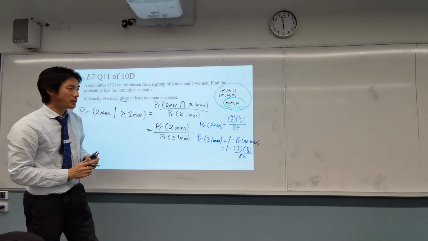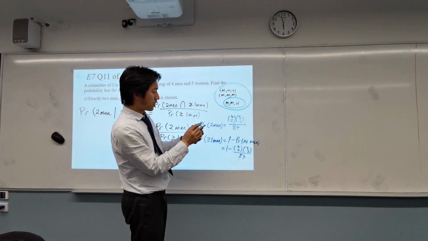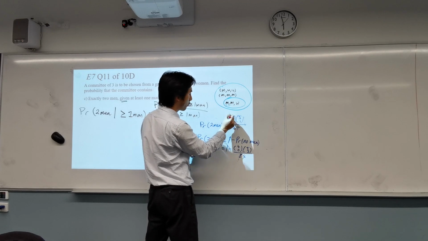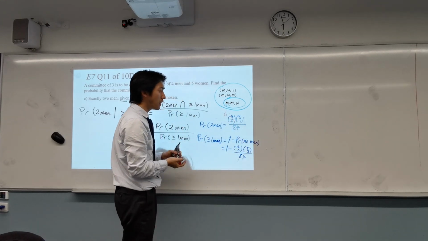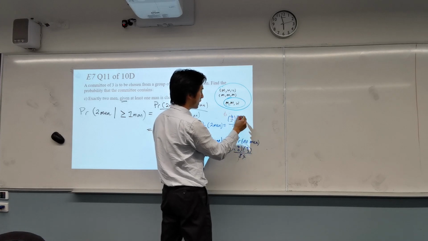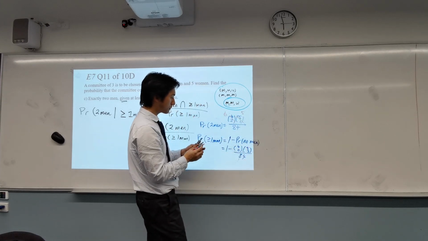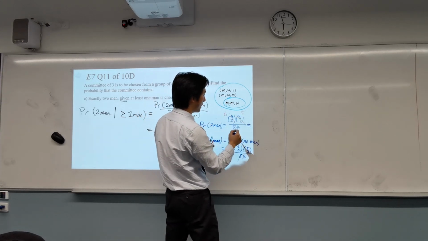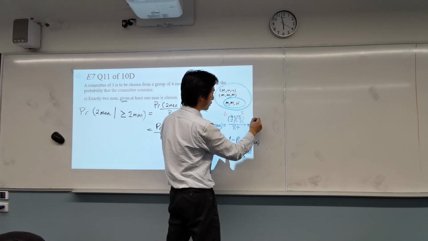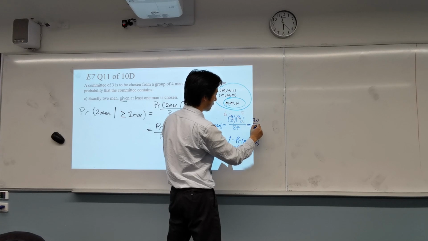Let's simplify this. The top part, I'm going to do this in my head. 4 choose 2, I already know it's 6. 5 choose 1, there's another one of our identities at work. 5 choose 1 is 5. So the answer becomes 6 times 5 over 84, which is 30 out of 84.